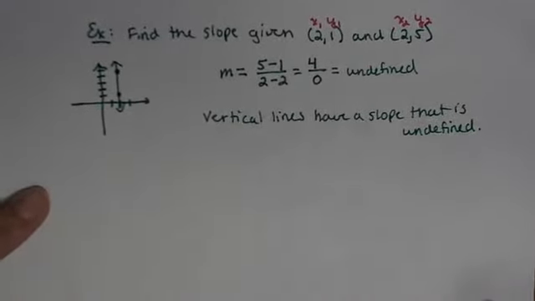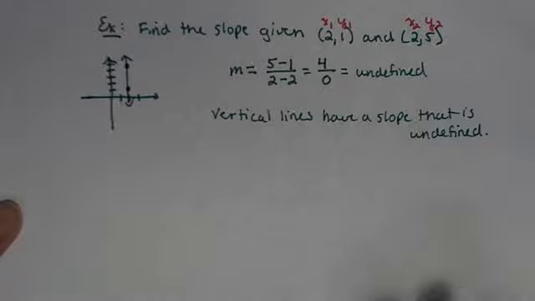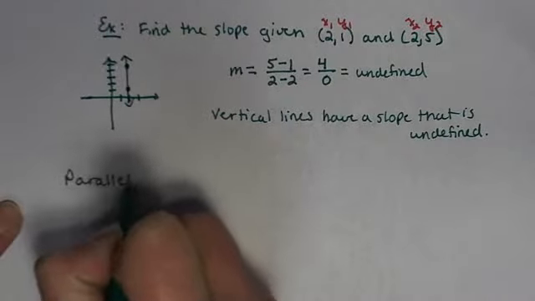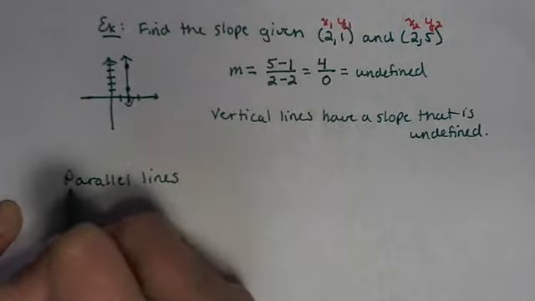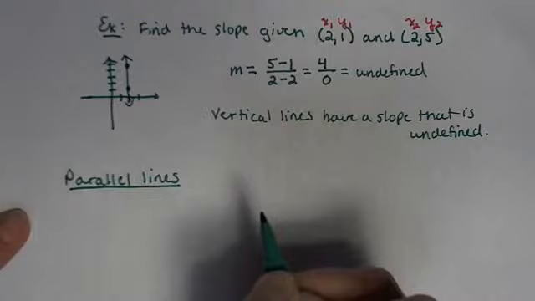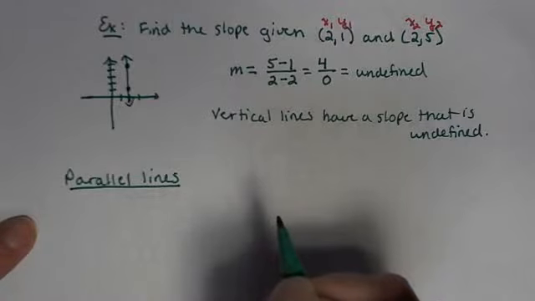Now, a couple of other things that I want to take a look at today. The first one is the idea of parallel lines. When we're dealing with parallel lines, there are some unique characteristics associated with slopes.